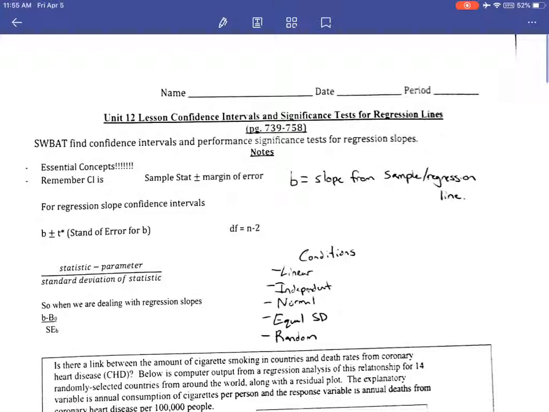And as we're going through this, again, like we did with the two proportion unit and two mean unit, make sure that you're trying to think about how the stuff we're learning today corresponds to everything that we've learned so far this school year. What we're doing today is combining what we learned with confidence intervals and significance tests with what we learned in Unit 3 with regression lines.